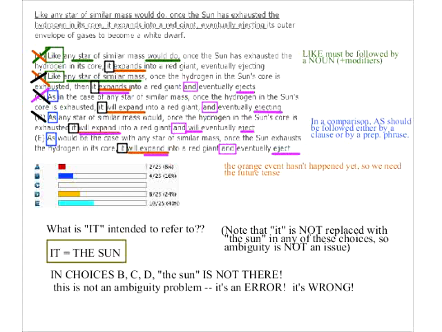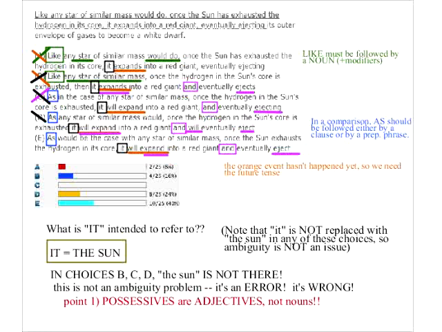Okay, so there are two points here. Point number one is that possessives are not actually nouns at all. Possessives are adjectives, not nouns. So the sun's core is like the red core, the blue core, the big core, the small core. Functionally, they are adjectives.